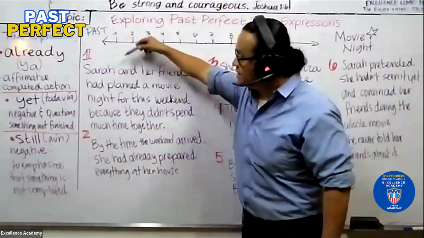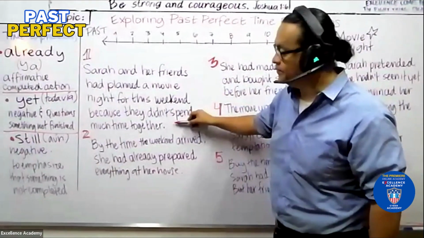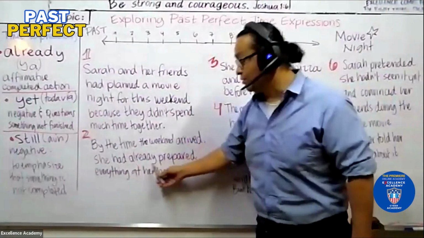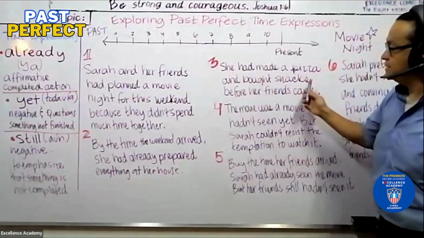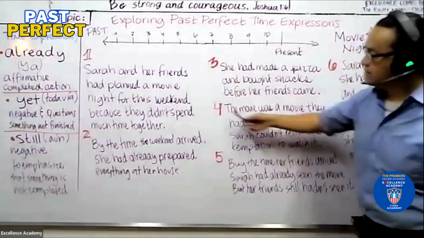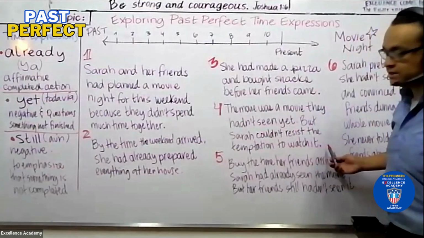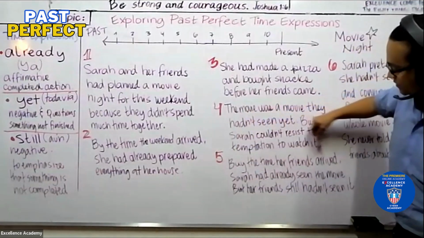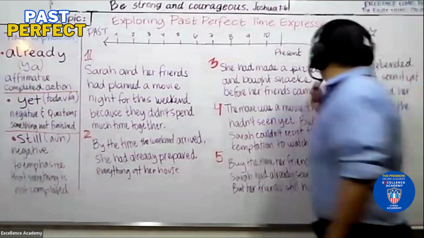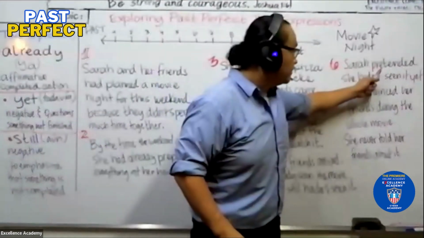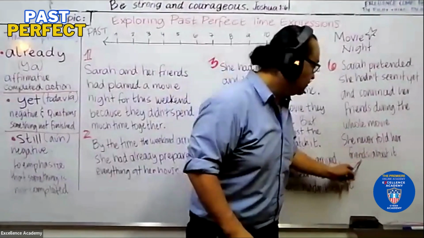Number 1, Sarah and her friends had planned a movie night for this weekend because they didn't spend much time together. 2, by the time the weekend arrived, she had already prepared everything at her house. 3, she had made a pizza and bought snacks before her friends came. 4, the movie was a movie they hadn't seen yet, but Sarah couldn't resist the temptation to watch it. 5, by the time her friends arrived, Sarah had already seen the movie, but her friends still hadn't seen it. 6, Sarah pretended she hadn't seen it yet and convinced her friends during the whole movie. She never told her friends about it.